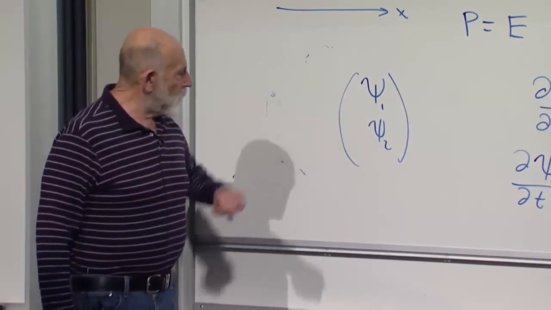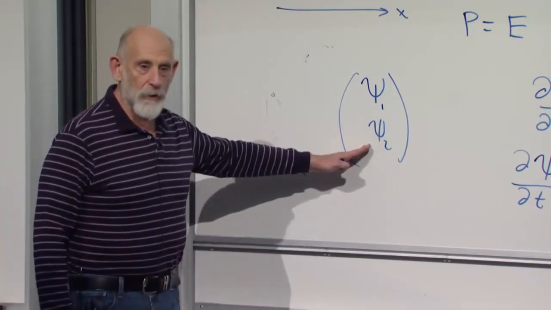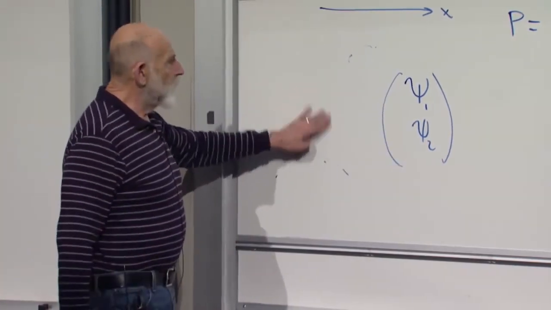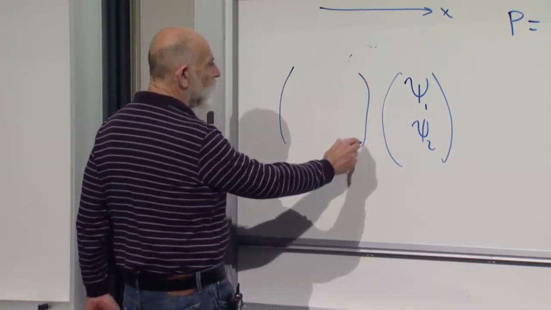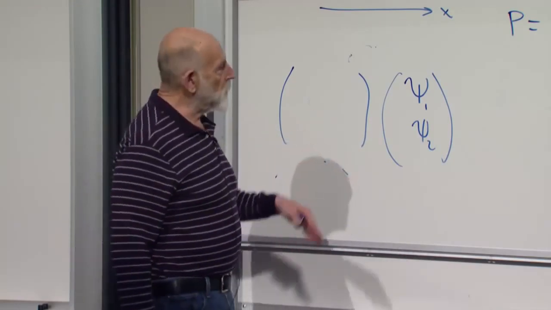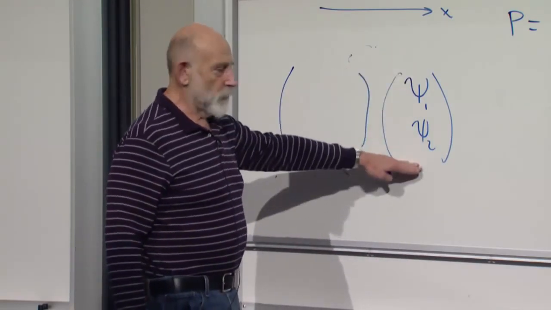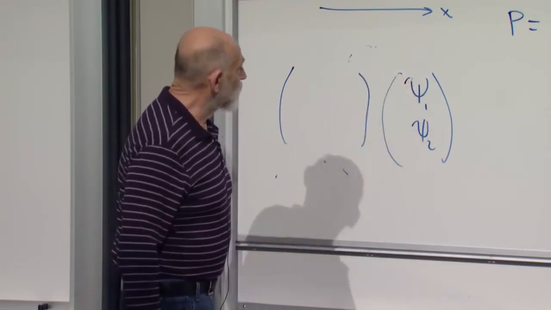This is the amplitude that the particle is right moving. This is the amplitude that the particle is left moving. And let's introduce matrices. In particular, let's introduce a matrix whose eigenvectors are 1 or 2.